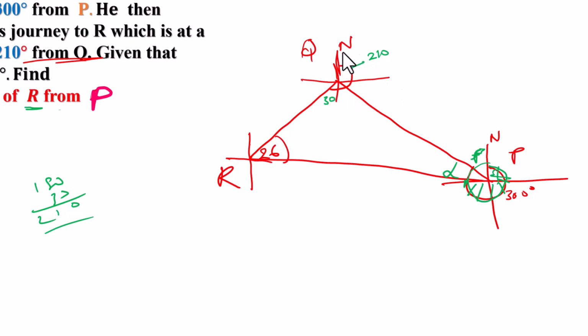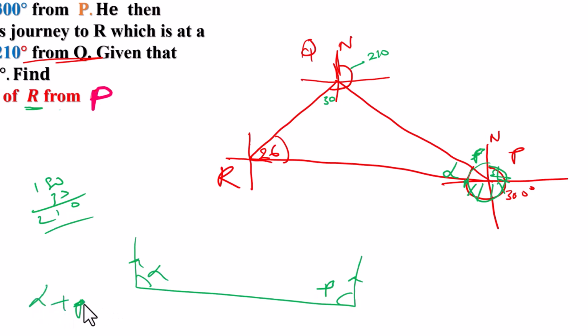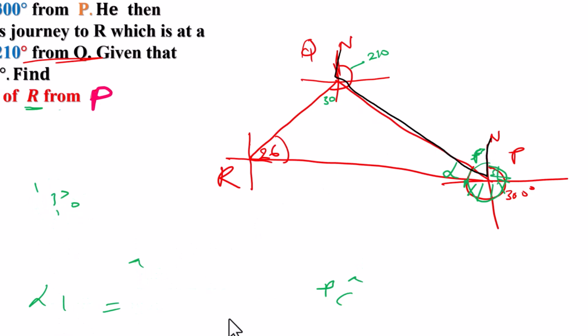Let's observe this. When two lines are parallel like this, alpha plus beta will give us 180 degrees. Can we spot it here? Yes. So we have the same thing here.